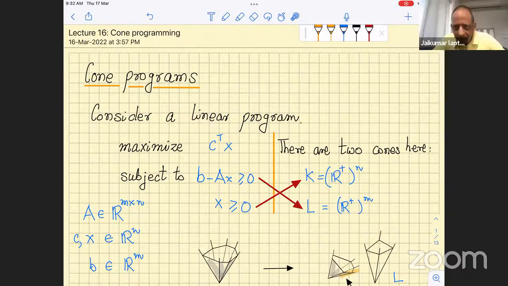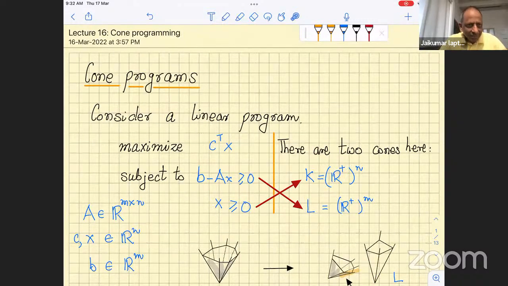Okay, so let us start. Kavita has described some parts of cones and cone programs, cones and dual cones to you. I'll be discussing cone programs, which is not exactly continuous in that chapter.